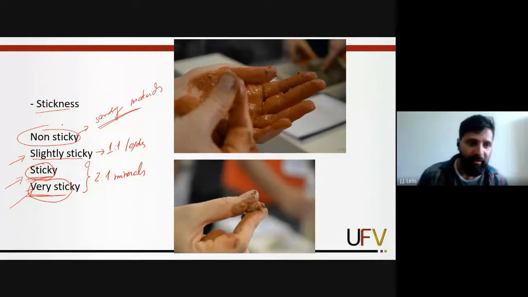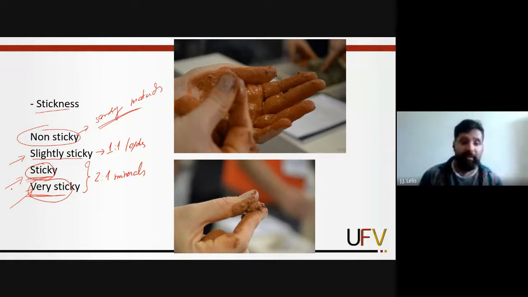So it's very important to describe the stickiness of the soil, so we can choose specific land uses that could be useful in that area, and some that are not so useful.